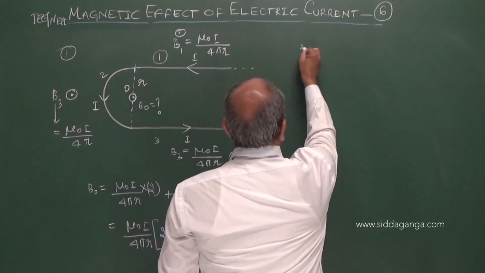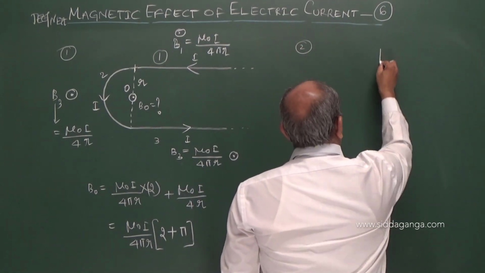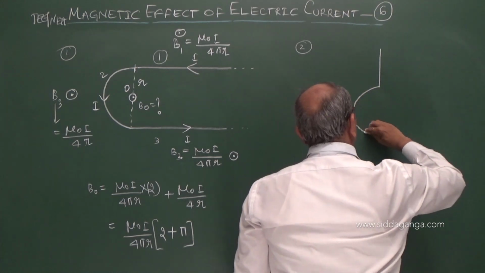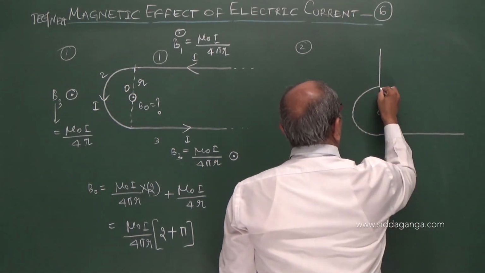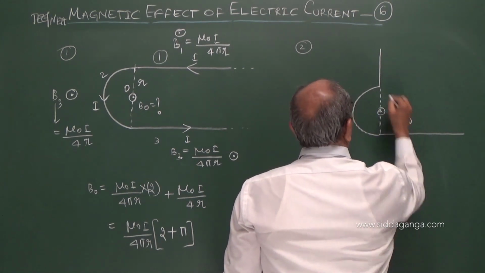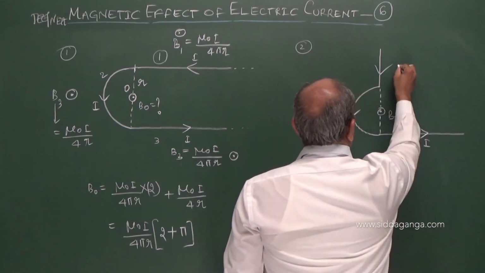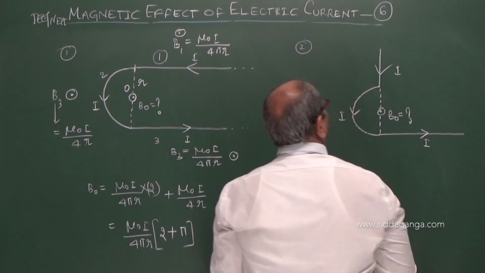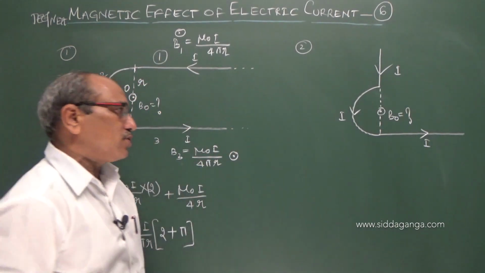So with simple changes, let us look at it like this. So the current passing in the form. B0, how much? In that case, slightly change, the answer differs.